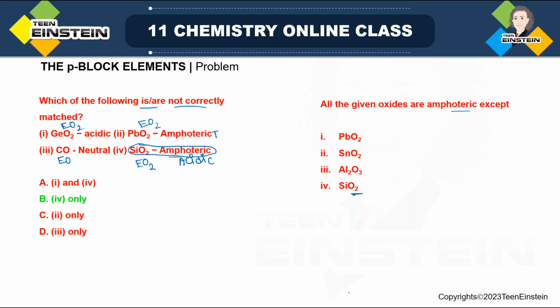So SiO2 is not amphoteric, it is acidic. But the others are amphoteric. PbO2 and SnO2 are amphoteric, and in group 13 also, Al2O3, aluminium being from group 13, we have seen that it has amphoteric property. So the correct option will be SiO2; except SiO2, the rest of the 3 are amphoteric.